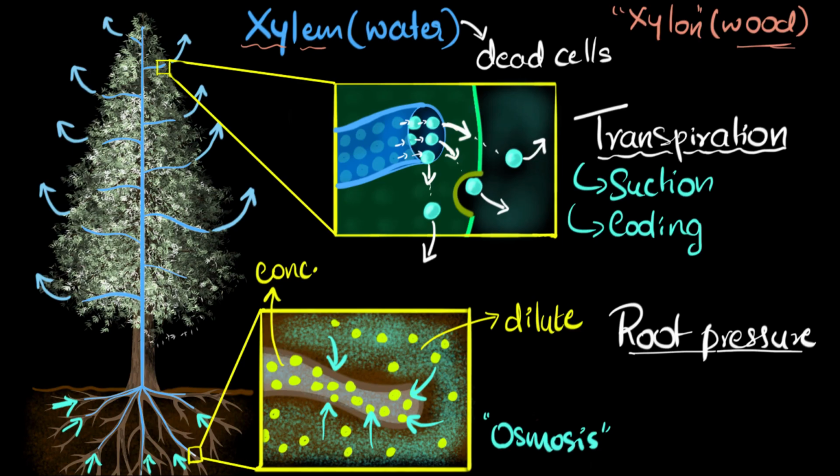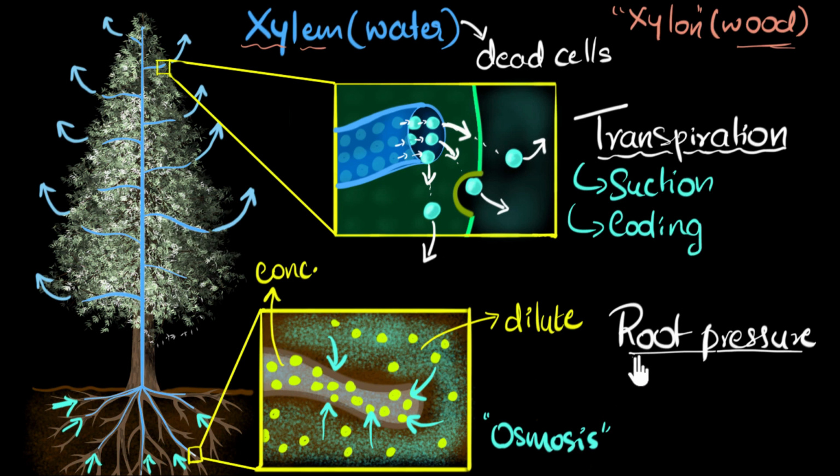And that's pretty much it. So to quickly summarize, what did we learn in this video? We saw that xylem tissues are made of dead cells which help in transporting water up, and it happens due to two forces. One is the transpiration, in which the water evaporates and causes suction, which literally sucks the water from the roots. And we saw that transpiration also helps in cooling the plants off.